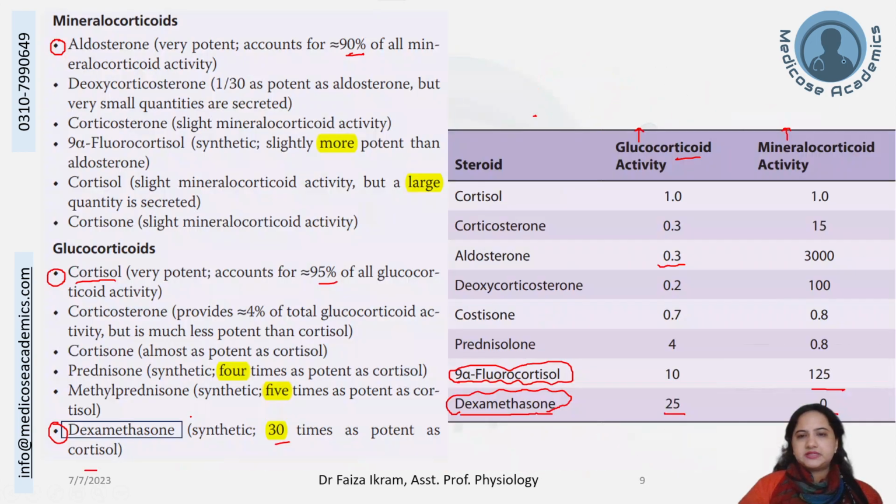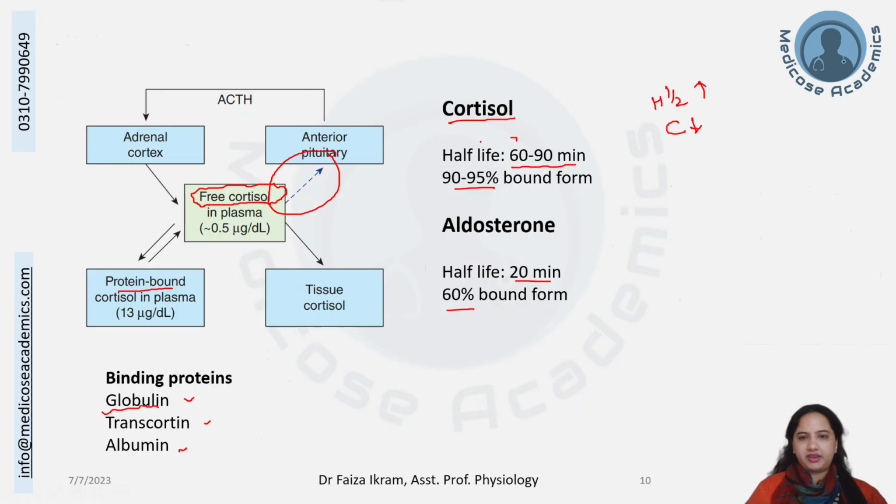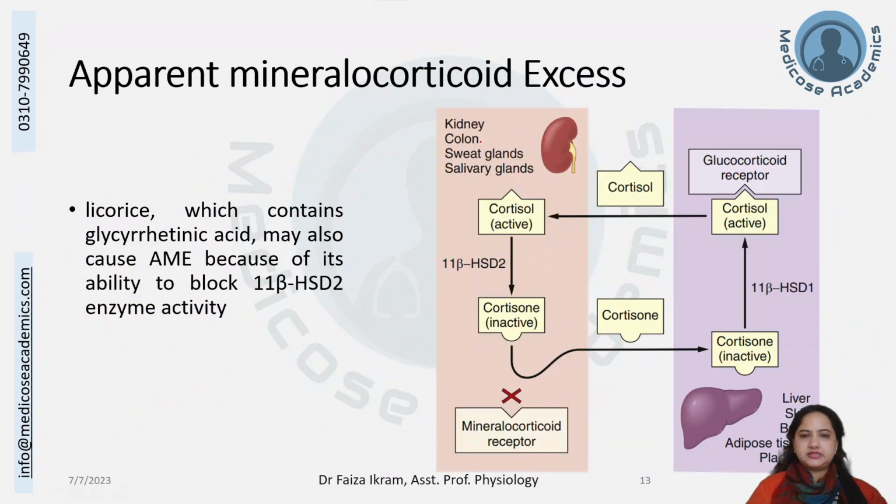In the previous slides, we saw that many of these hormones do not separately have glucocorticoid or mineralocorticoid activity. Specifically, cortisol has both the glucocorticoid and mineralocorticoid activity. Although cortisol potency is less, it is produced in such a large quantity in the blood that overall its action becomes significant. So this slide is discussing this detail.